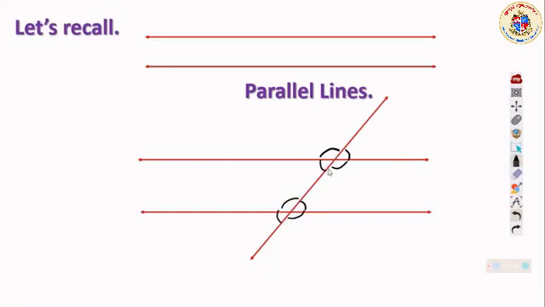There are angles formed on the same side of the transversal. This is the transversal, and there are angles formed on opposite sides. What we actually studied was about their measure and congruency. Certain properties which we studied about angles are coming into use over here.